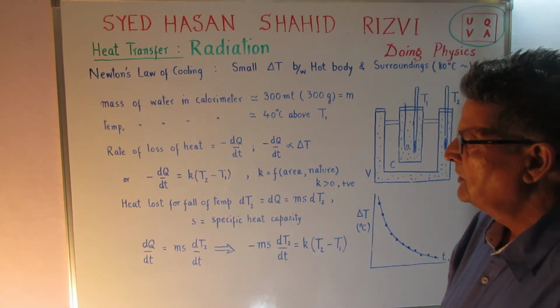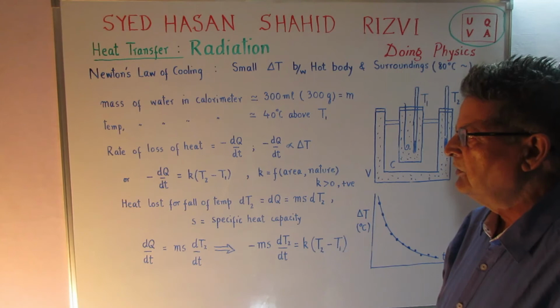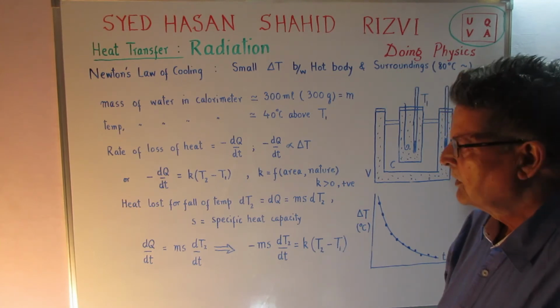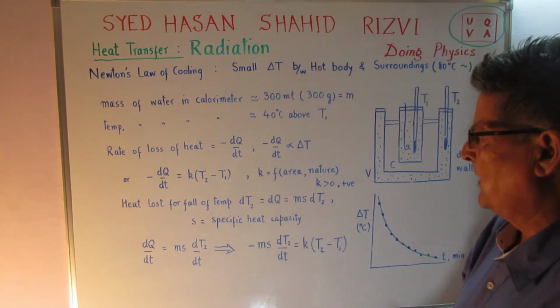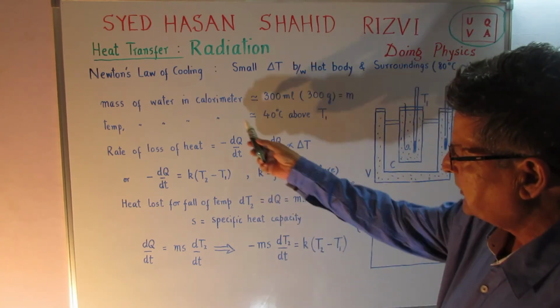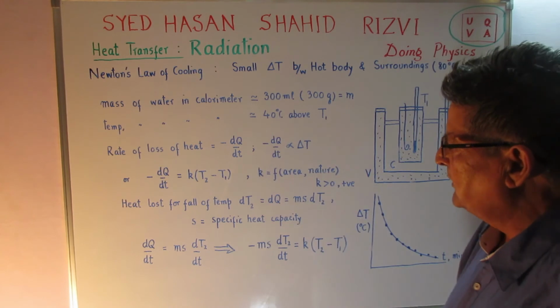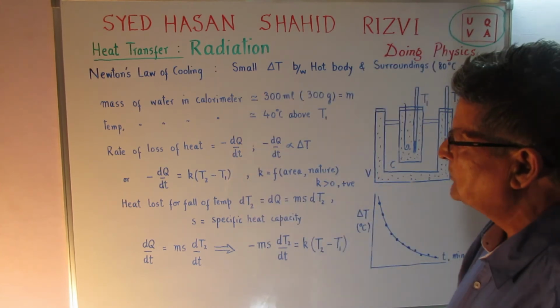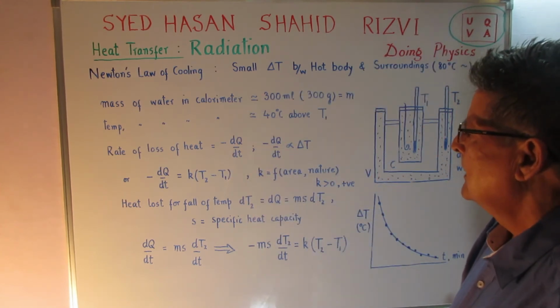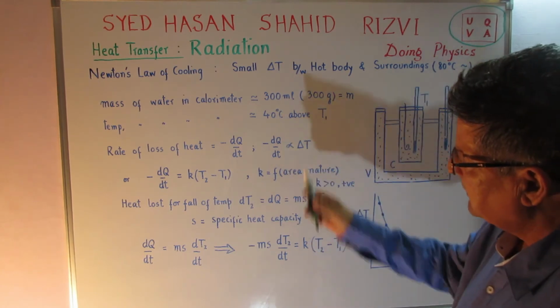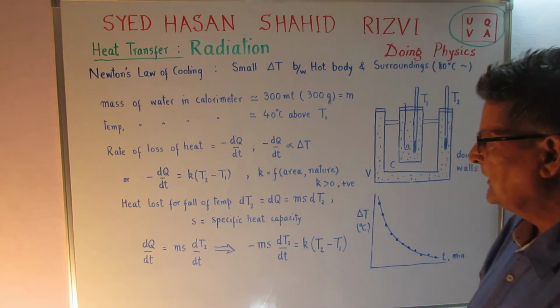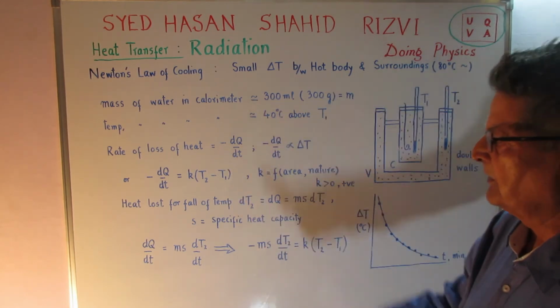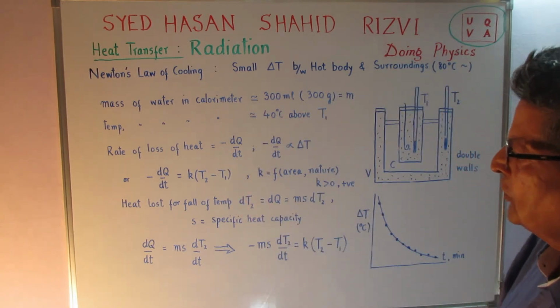Then of course there is a rate of loss of heat, Q for heat and t for time. So the time rate of loss of heat, shown by minus dQ/dt, is proportional to delta T, that is T2 minus T1.